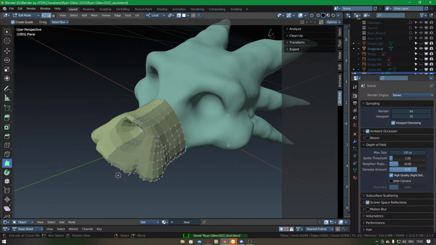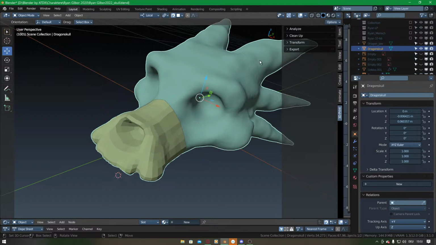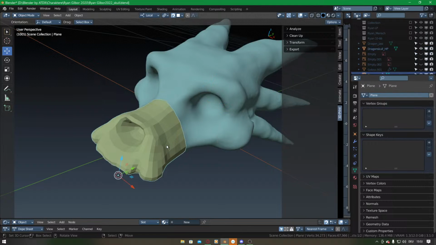Okay, hold on. This is, well, it's not Dragon Skull. I need to rename this one to HP. And this one is named Dragon Skull LP.